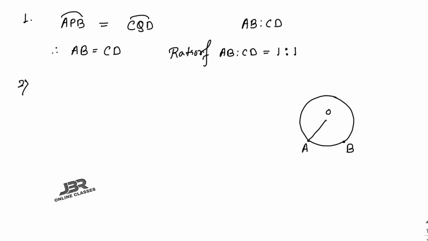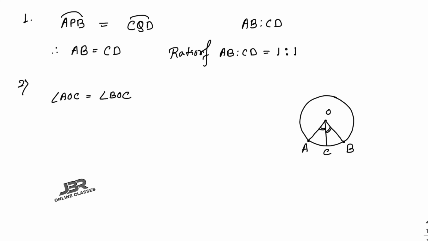So first join them. This is angle AOB and OC bisects it. That means this angle is equal to this one. So angle AOC is equal to angle BOC, as OC bisects angle AOB according to the problem.